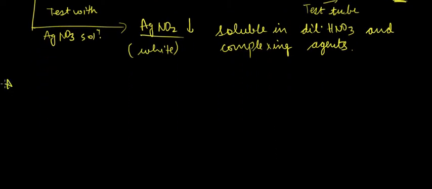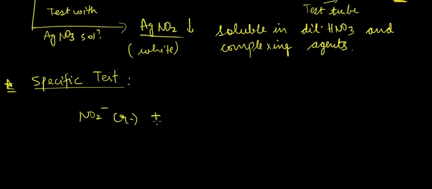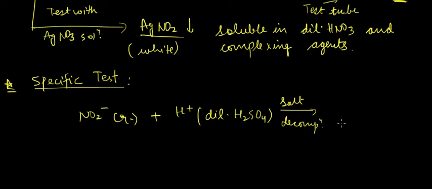Let us see the reactions involved in the specific test. NO2 minus aqueous solution reacts with H plus from dilute H2SO4. So this undergoes salt decomposition and forms HNO2, which is less stable.